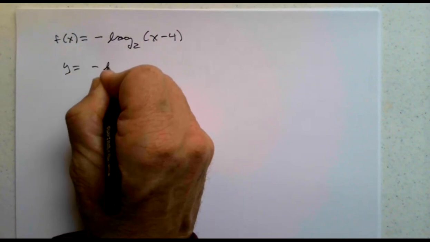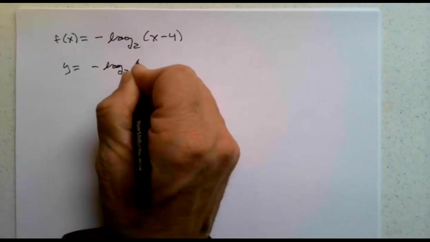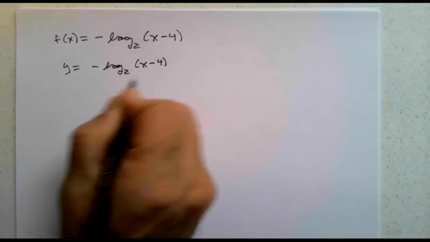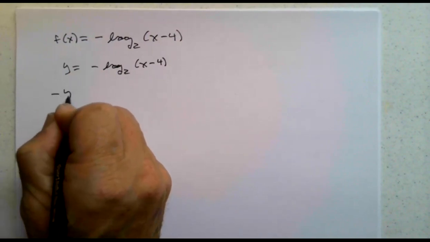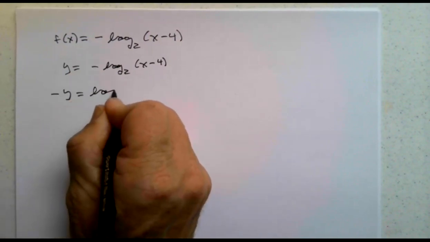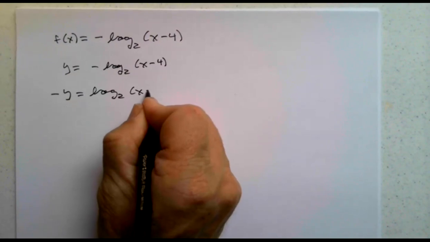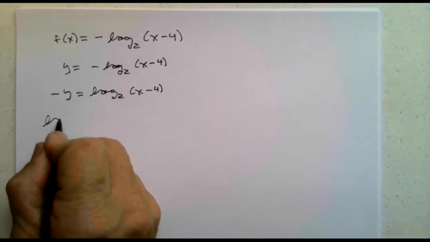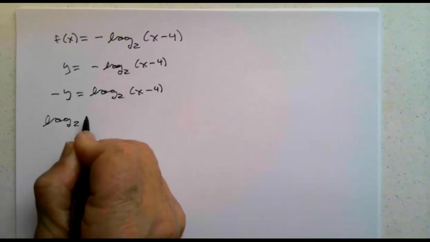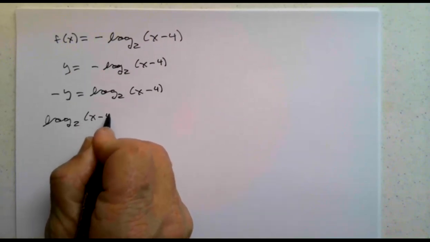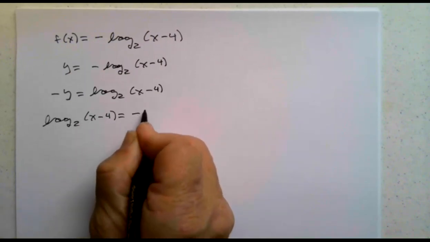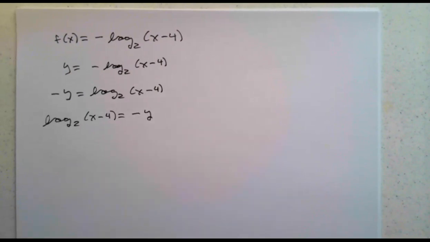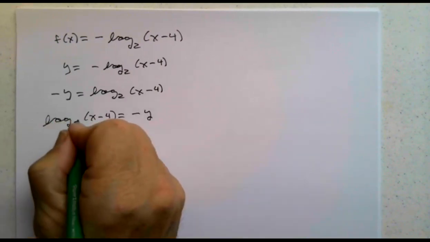Y is negative log base 2 of x minus 4. Let's multiply both sides by negative 1. So negative y is log base 2 of x minus 4. I like to write the log on the left. So I'm going to say log base 2 of x minus 4 equals negative y. The base is 2.